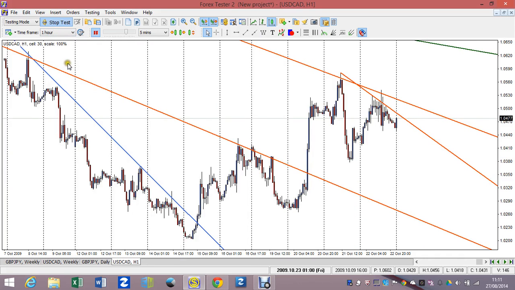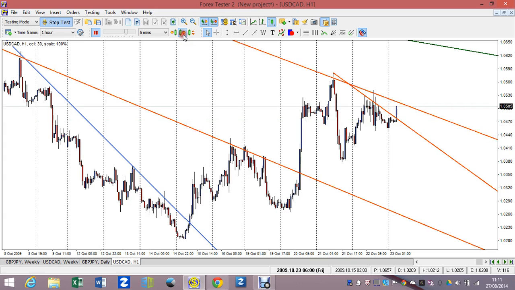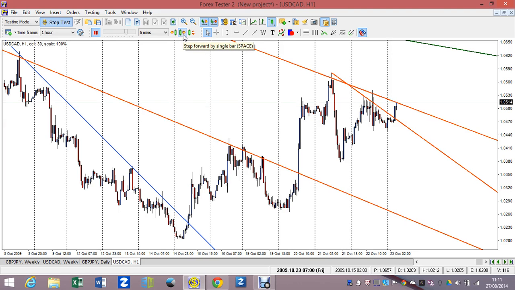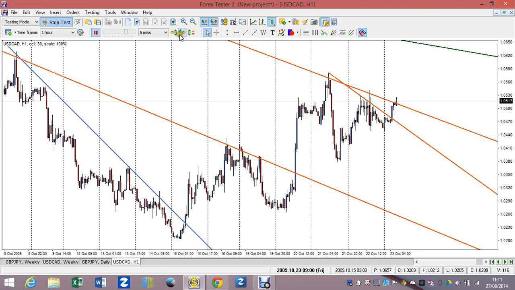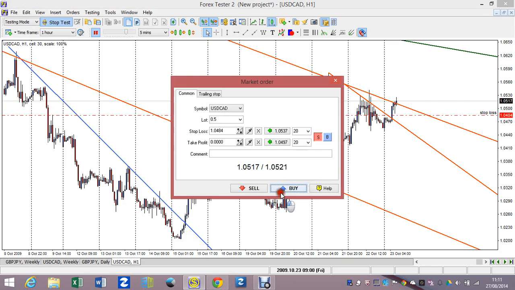Couple of options there. It's not the greatest break of a trend line I've ever seen, but let's try it.